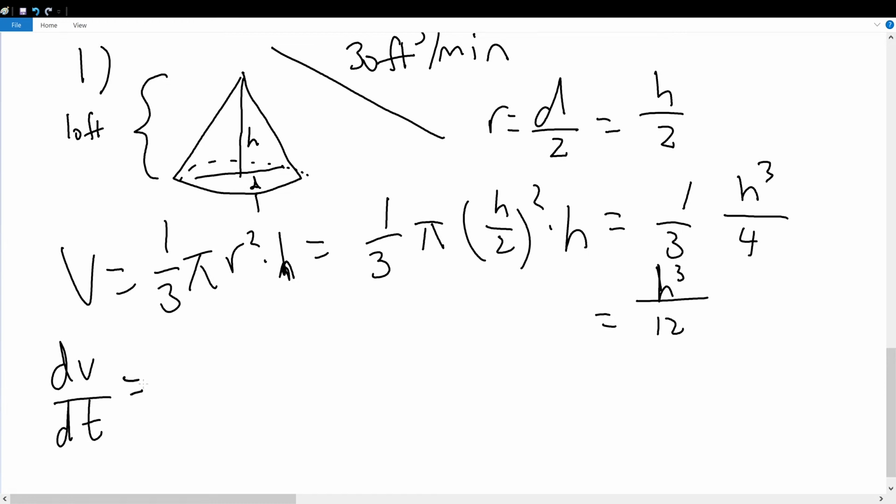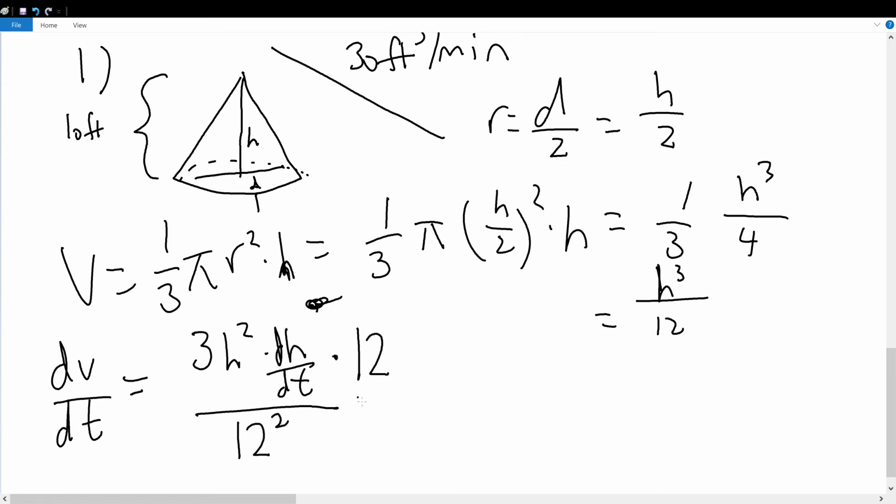So dV over dt is equivalent to 3h squared times dh over dt, times 12, divided by 12 squared. This is just the quotient rule. So now what we get is h squared times dh over dt over 4.